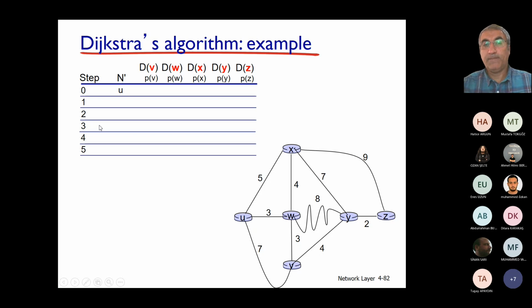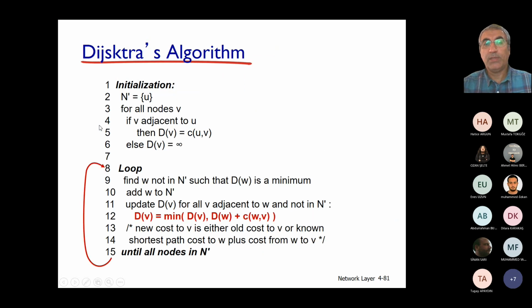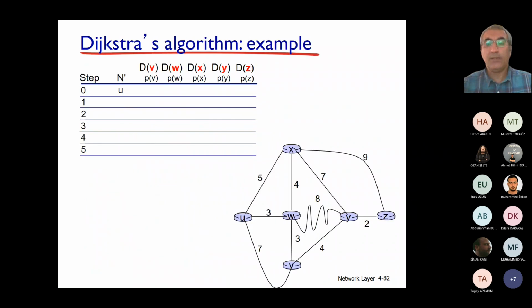So according to the algorithm, we need to assign the initial values when the source is equal to the U node. So for the D of V, the current value is equal to 7, as you see.